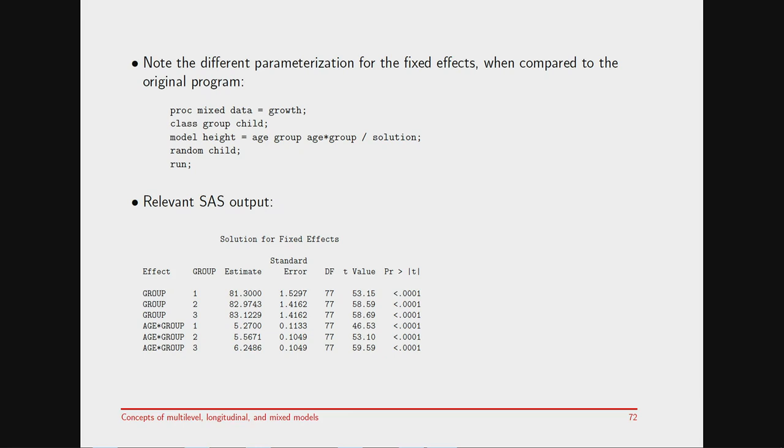And of course, again, like what we just did here, you can go from the previous table to the new table and back. So the intercept we had before was 83.12, and the age effect we had before was 6.24, because these were the intercept and the slope in the 3rd group. And then the other parameters were just in contrast between them.